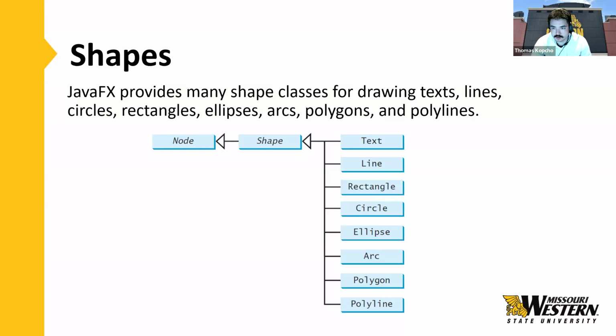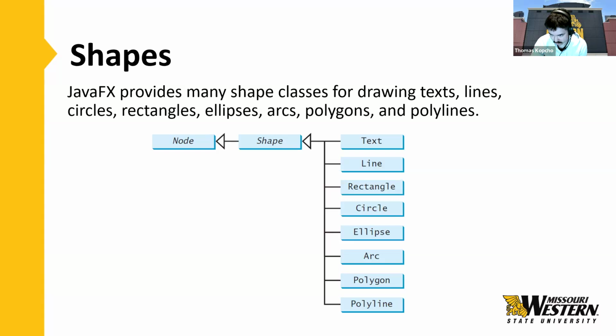So the common shape classes: you have Line, which is a simple straight line defined by the start and end coordinates. You have Rectangle, which is obviously a rectangle, with position and size via x, y, width, and height. Circle, which is defined by center coordinates and a radius. Ellipse, which is similar to a circle but has separate radii for the x and y axis.